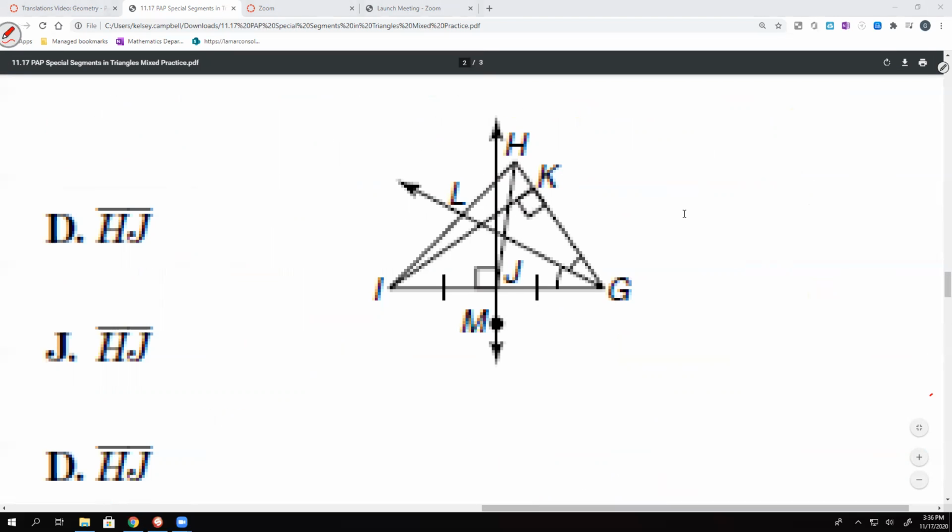Be careful. There are 2 lines here. There's HJ, and that's the median. And then you also have to be careful here. HM is another separate line. HJ is the one that's starting at the vertex and is bisecting over here.